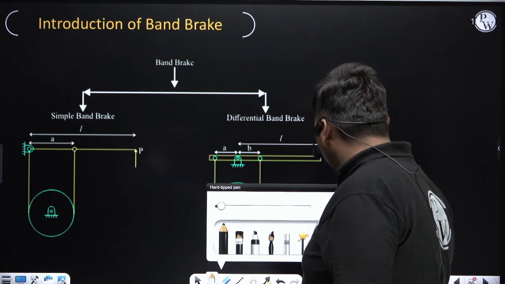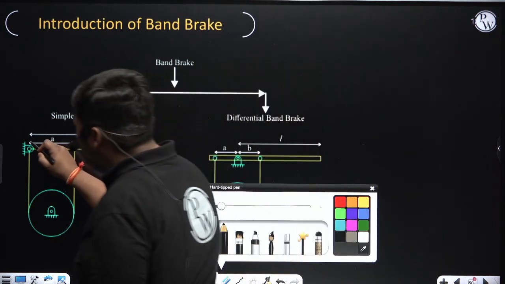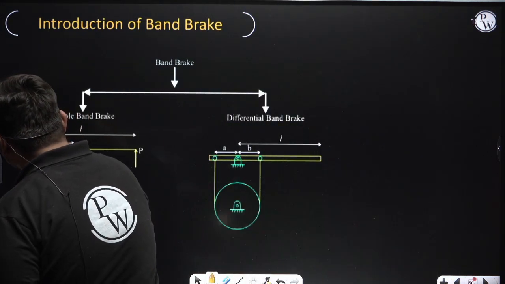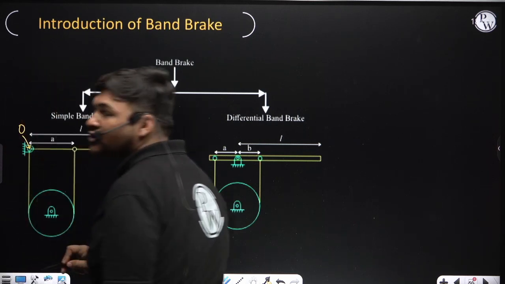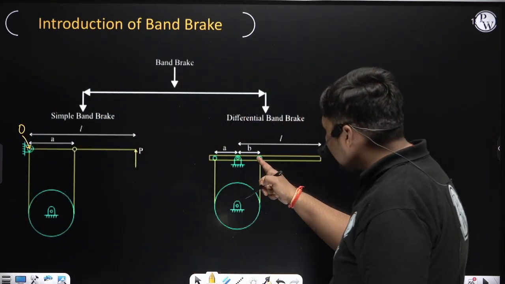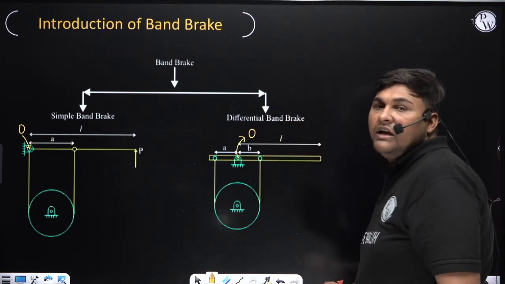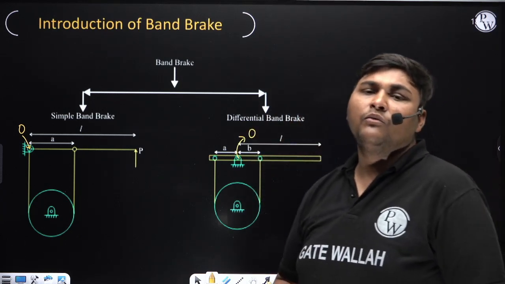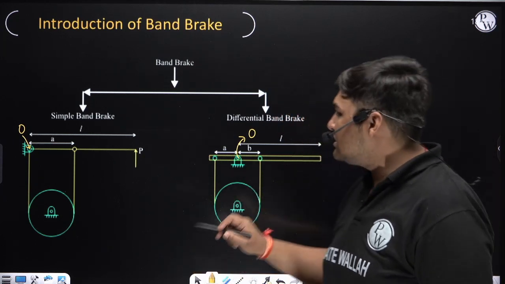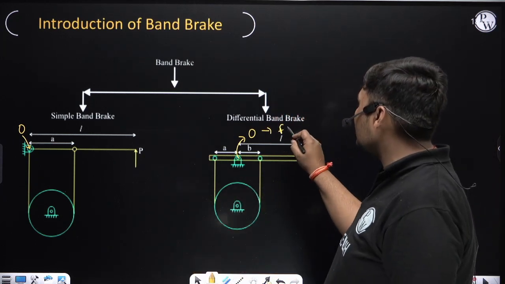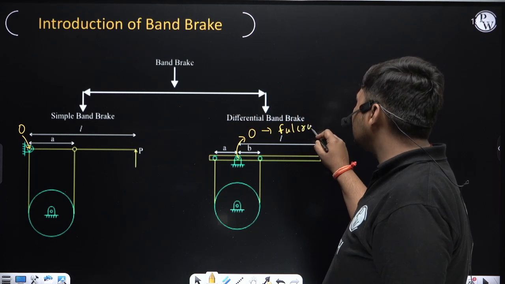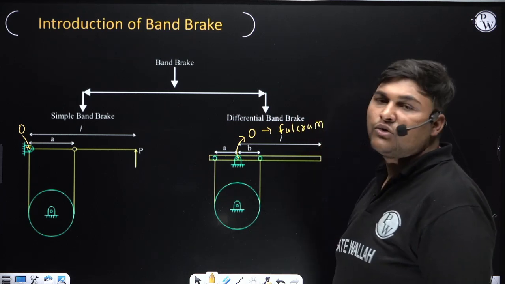The point at which the lever is hinged, which I am denoting as O, is known as the fulcrum. The definition of fulcrum is the same: the point at which the lever is hinged is known as the fulcrum.